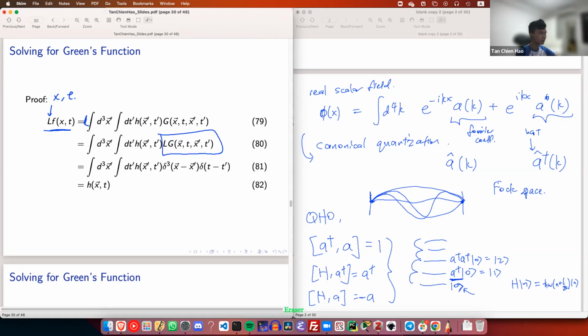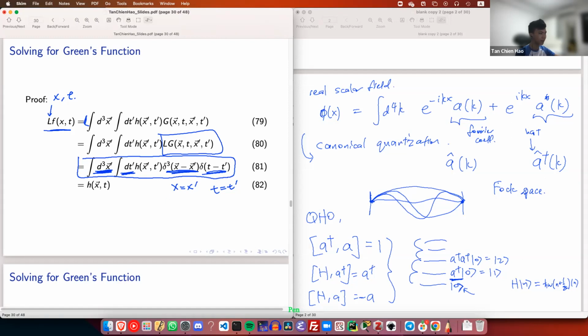If I then look at this integral, this thing is going to be 0 except when x equals x prime, and this thing is going to be 0 except when t equals t prime. That means when we integrate over x prime and t prime, it only selects the values of x prime and t prime that equal x and t respectively.